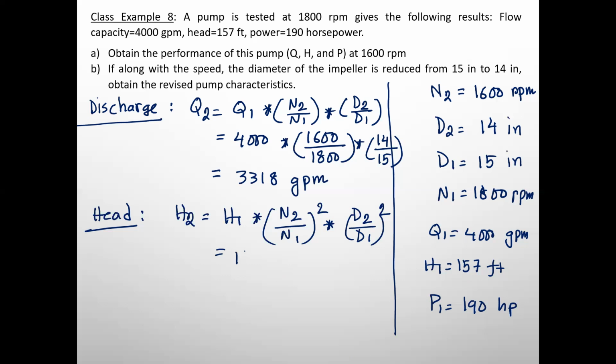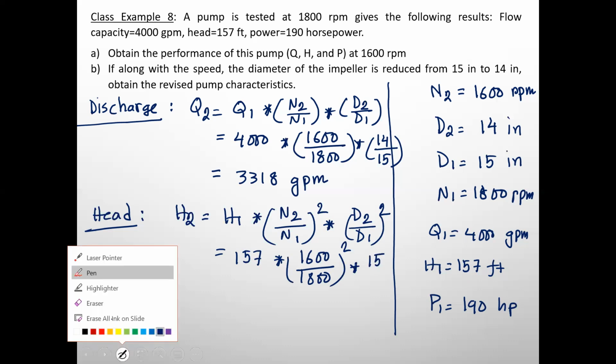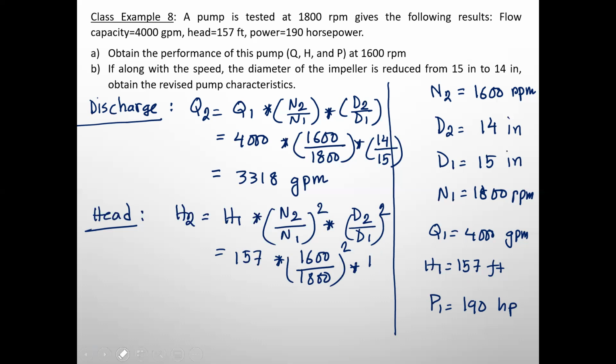So H1 is 157, N2 over N1 is 16 over 18, and D2 over D1 is 14 over 15. Then you should get 108 feet. Again, previously the H2 was 124, so the head is decreasing also.